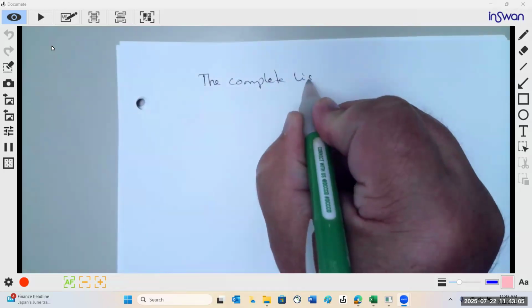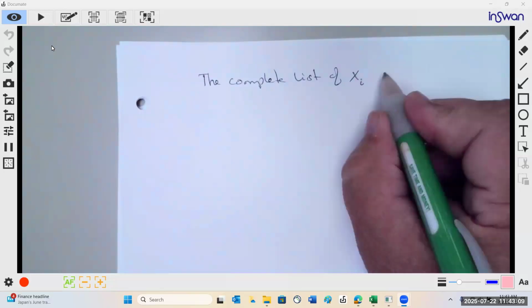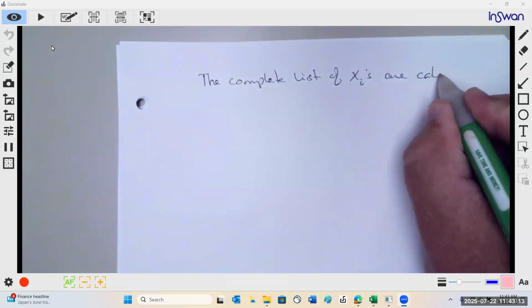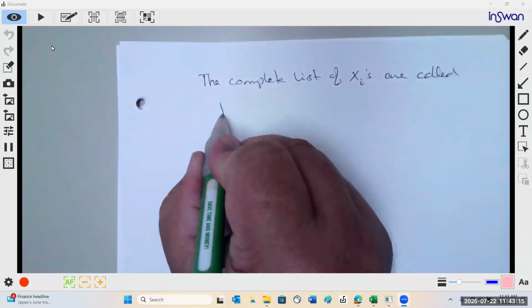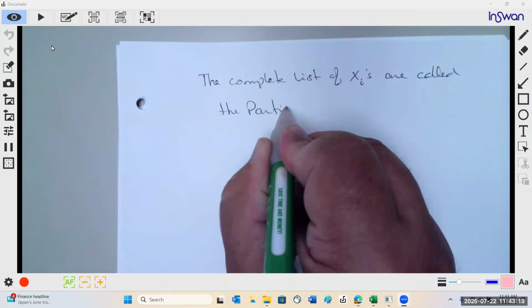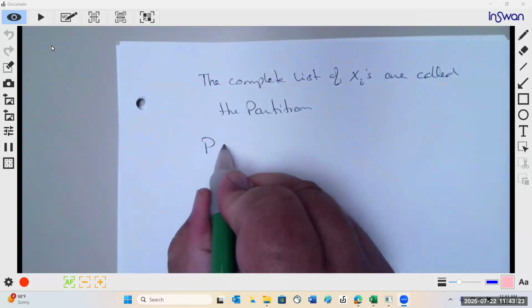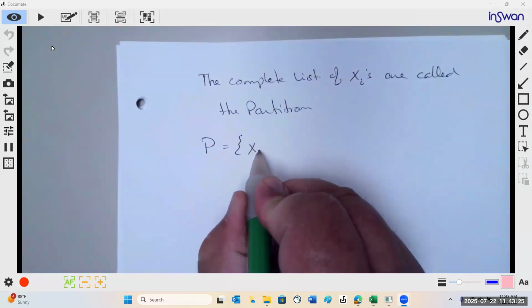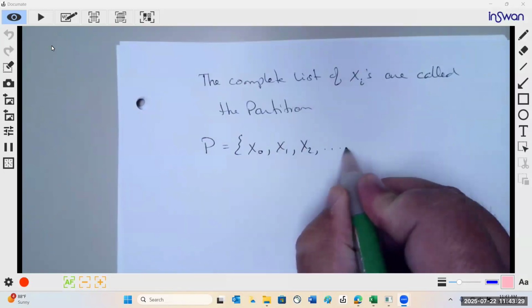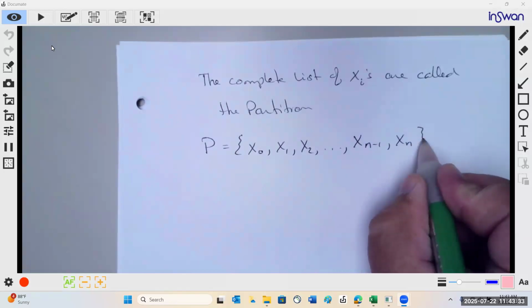The complete list of x sub i's is called the partition P, and it consists of x sub 0, x sub 1, x sub 2, and so on, x sub n minus 1, x sub n.